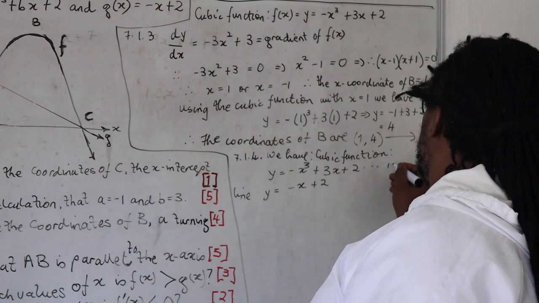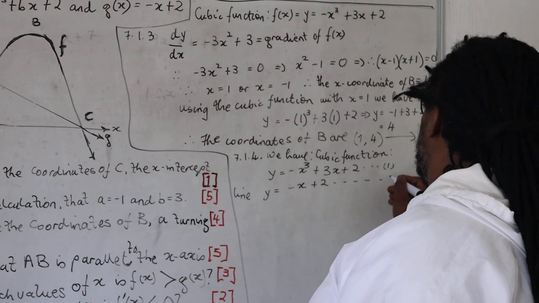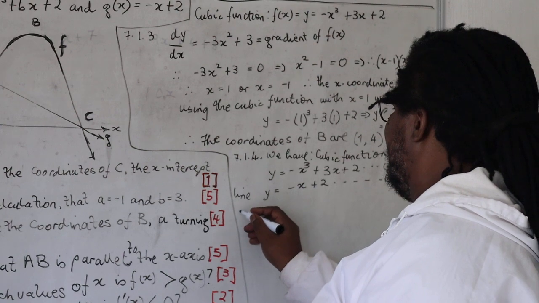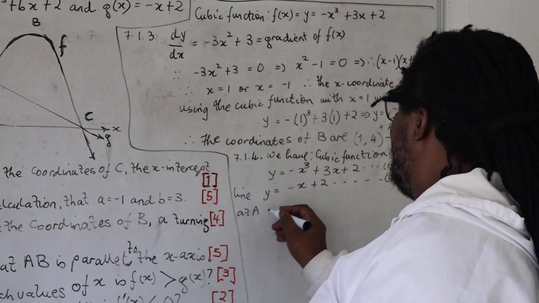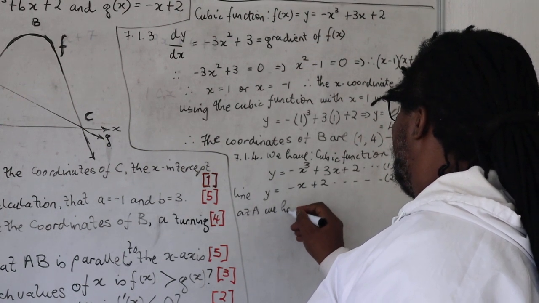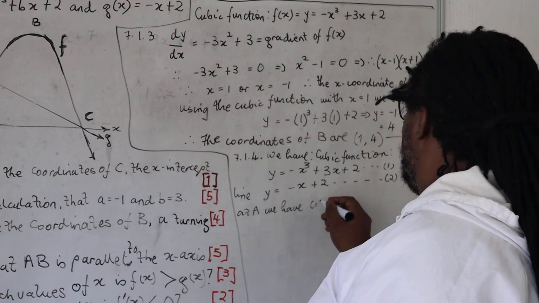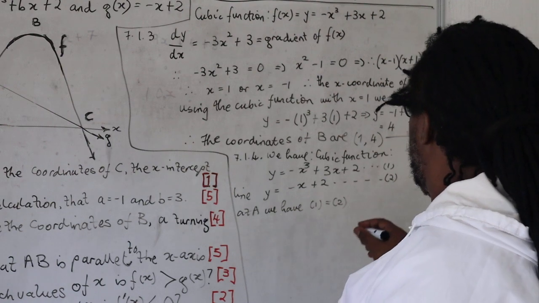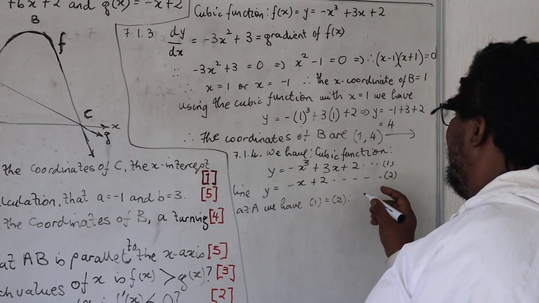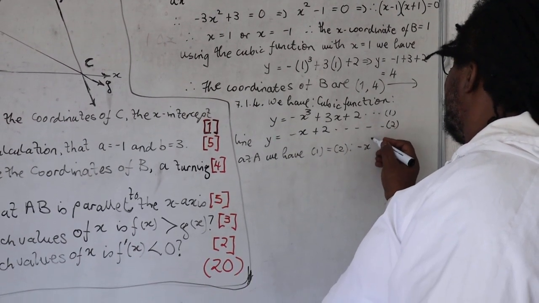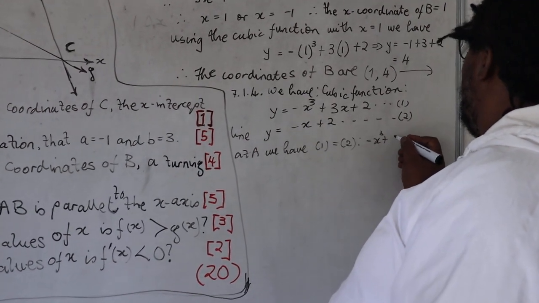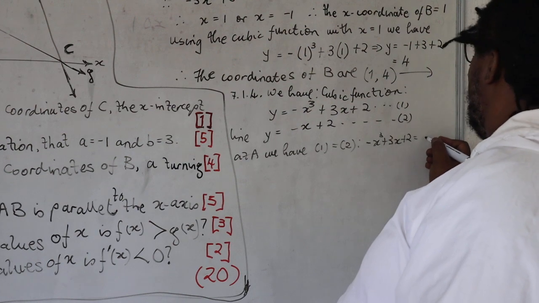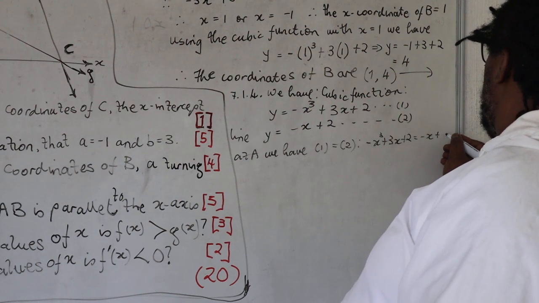If this is your equation 1, this is your equation 2, then at A we have equation 1 is equal to equation 2, and therefore we have minus x cubed plus 3x plus 2 is equal to minus x plus 2.